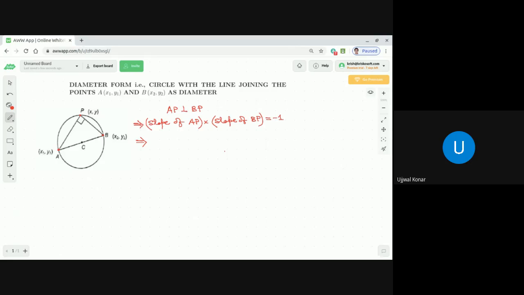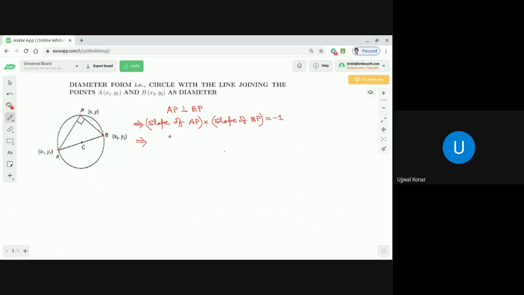A and B are two fixed points, and P is a variable point moving in such a manner that AP is perpendicular to BP. Find the locus of the point P. You can view that problem in that manner also.